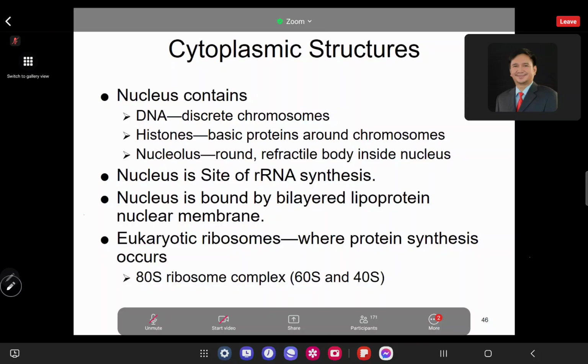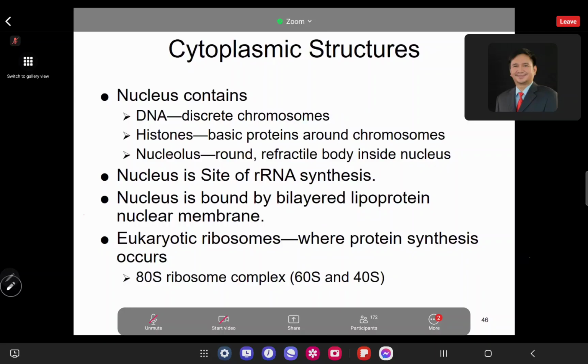Now, the cytoplasm of eukaryotic cells contain a nucleus. Now, a nucleus has DNA in discrete chromosomes. We have also histones in the nucleus, which are proteins that organize and stabilize your DNA.